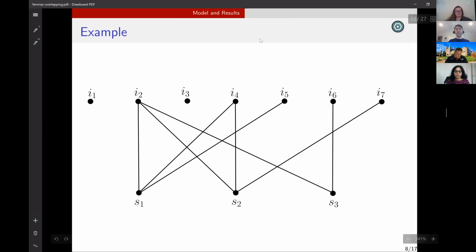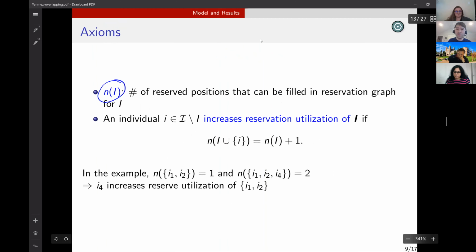So if you look at n of I1, it is going to be 0 because you cannot match any reserved position. If you look at n of I2, I4, this is going to be 2 because you can match I2 with the position reserved for trait 1, and you can match I4 with the position reserved for trait 2, S2. Okay. Just a little bit of notation.